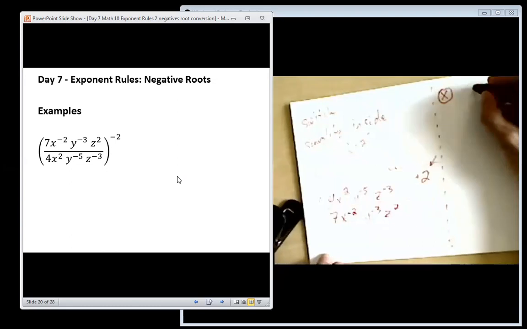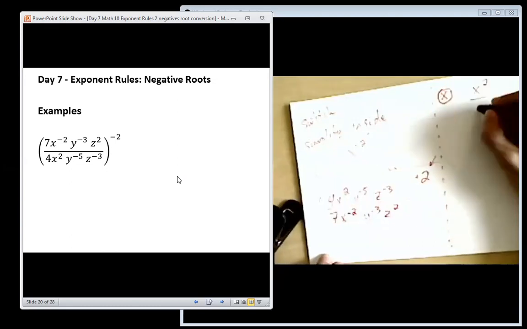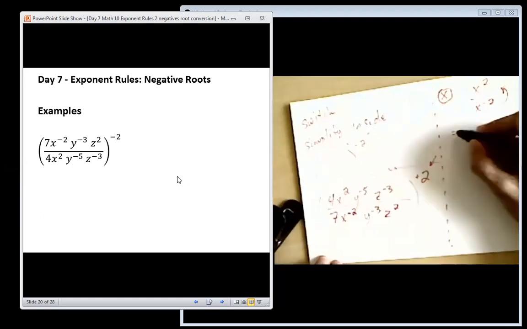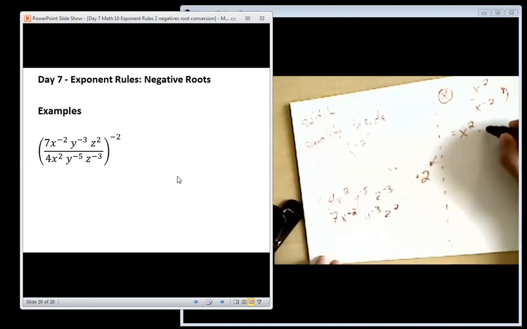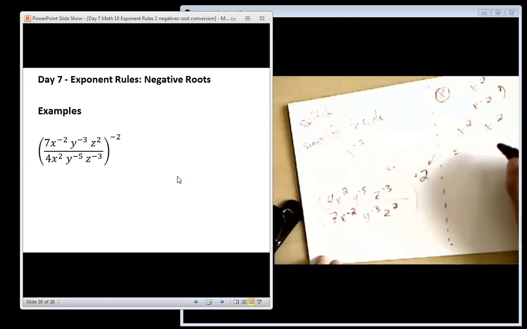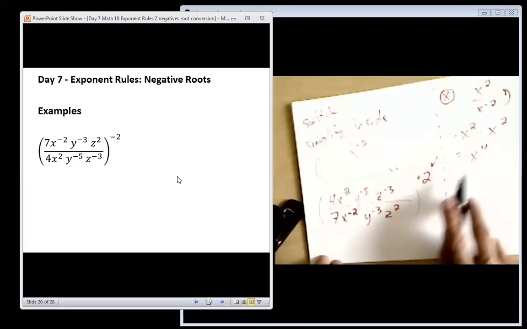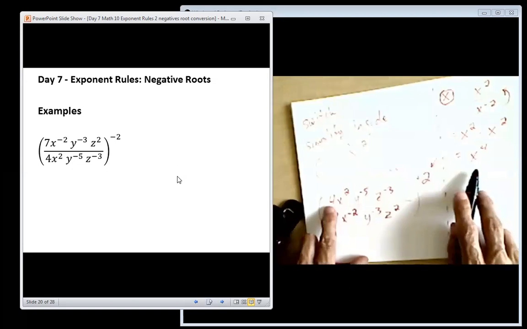We have x squared over x minus 2. What's going to happen to them? That one can go up. That's right. So it'll be left with x squared times, what happens to this one? Yeah, x squared only. Changes to plus. And so you get what? x to the 4. And this will be on the top, okay? This will be with the 4 there, not with the 7. Okay? Ends up on the top part of the fraction.